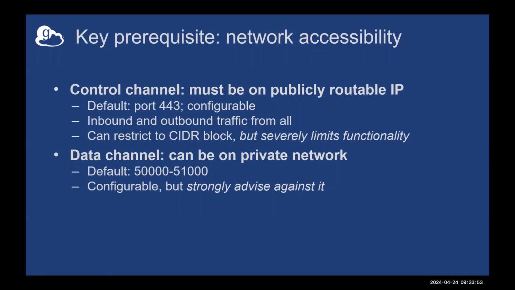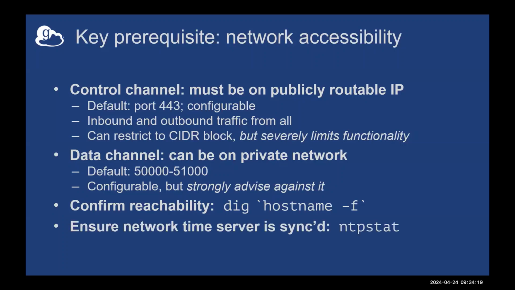If you move away from this window, chances are other installations will not be able to talk to your ports at all. So for the data channel, we recommend these ports, but make sure that you can confirm your reachability from the outside.